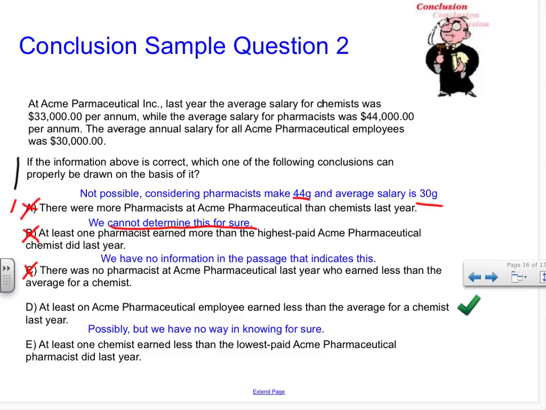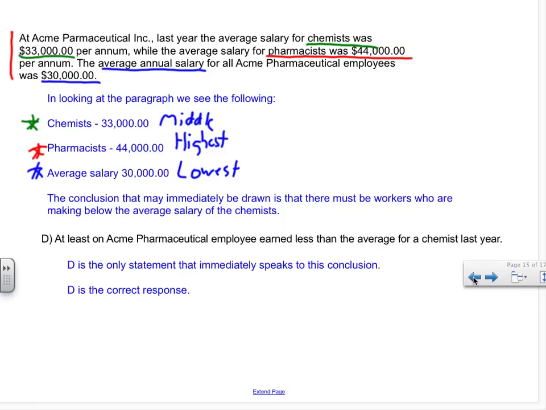And D says, at least one Acme Pharmaceutical employee earned less than the average for a chemist last year. And this one we can conclude is the correct answer. Let's take a look at the averages again. D is the only statement that immediately speaks to the conclusion.